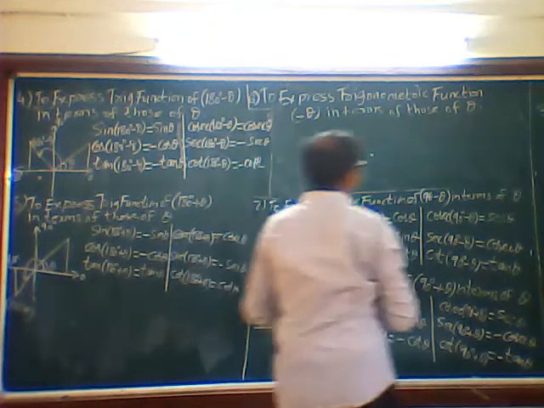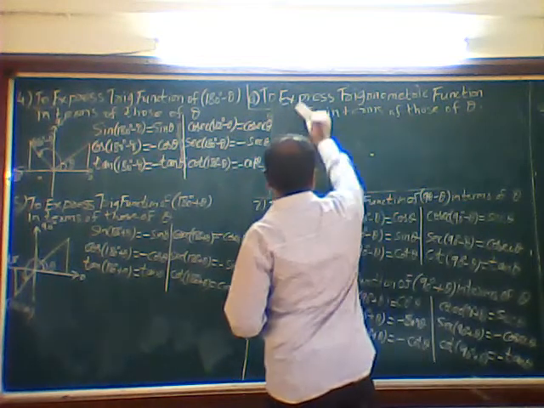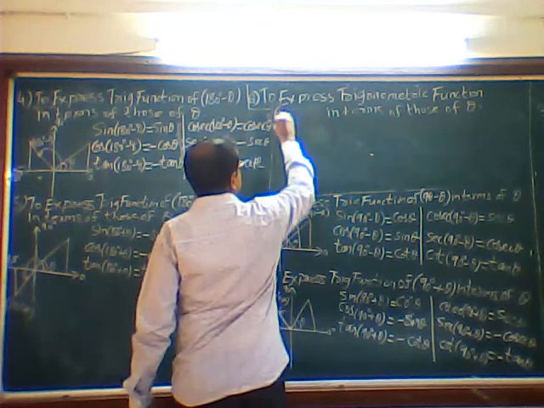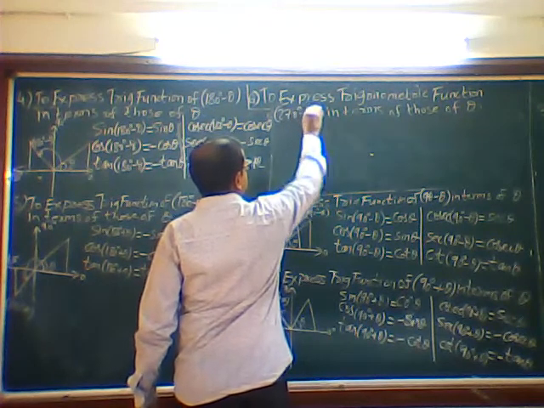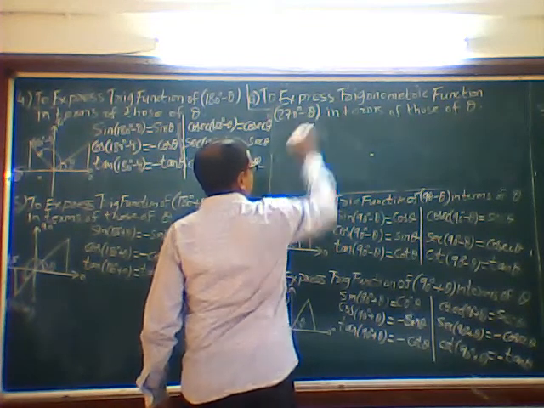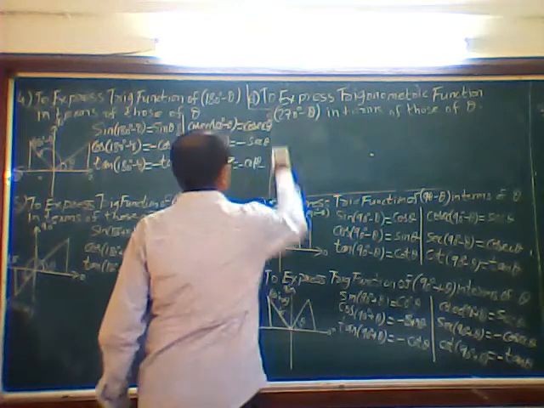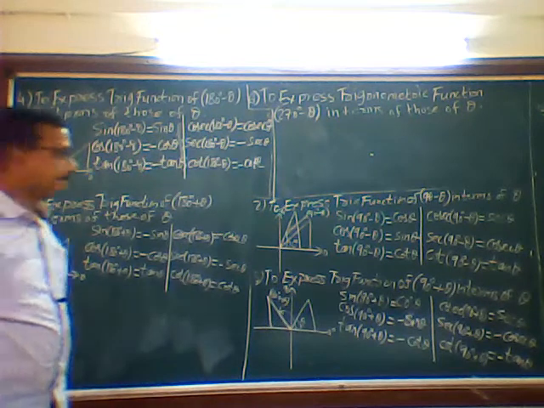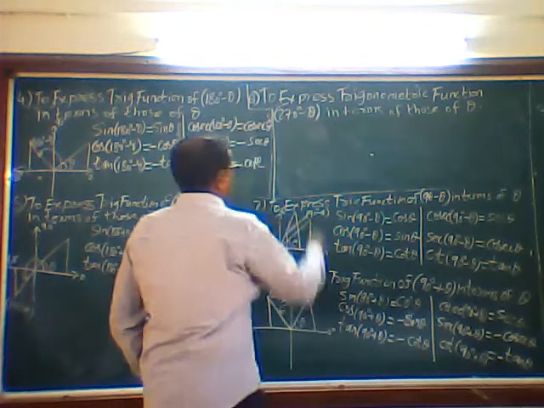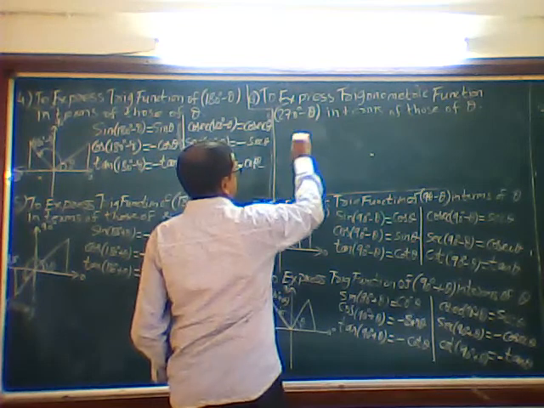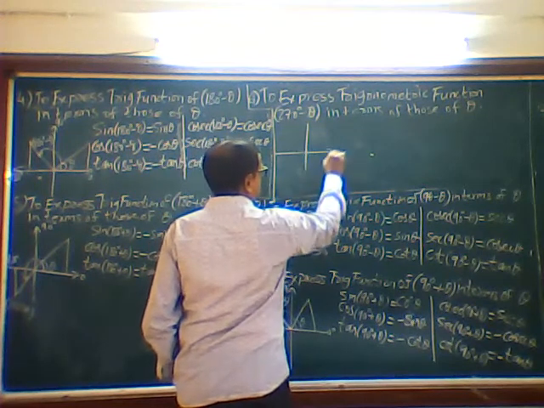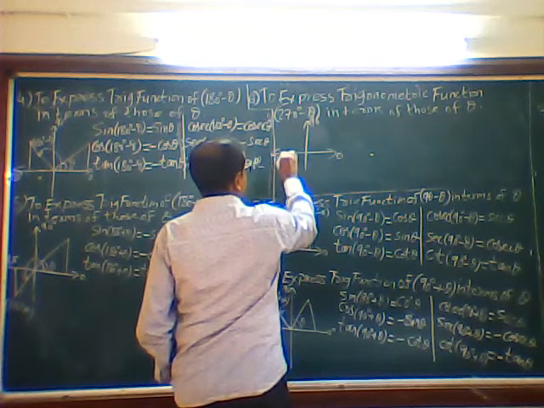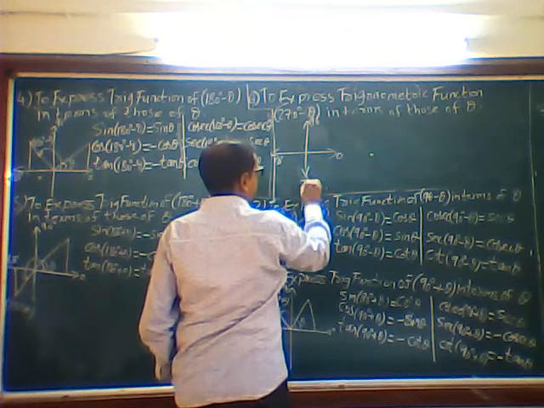To express trigonometric functions of 270 minus theta in terms of theta. Okay. What is it? Again the diagram: 0, 90, 180, this is 270 degrees.